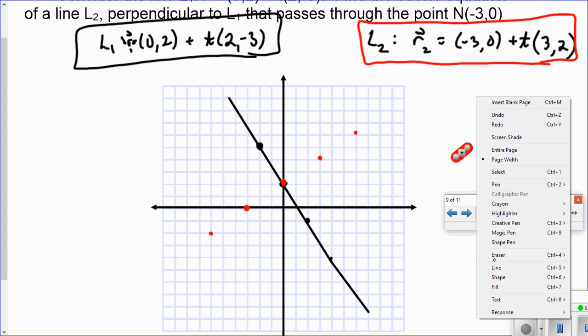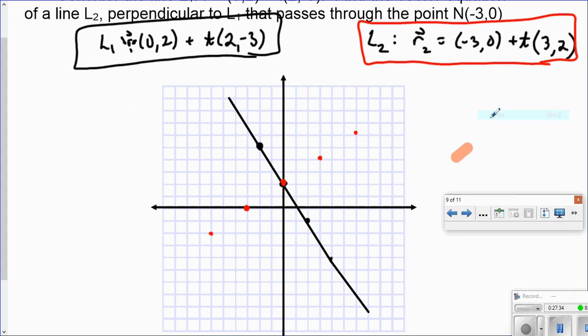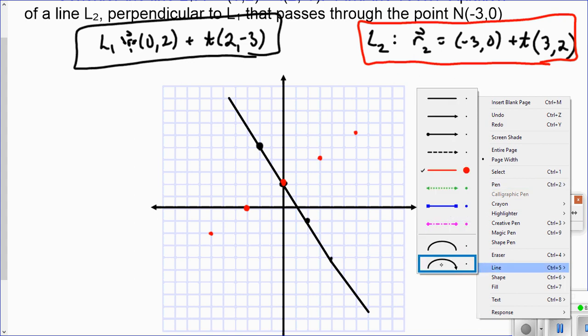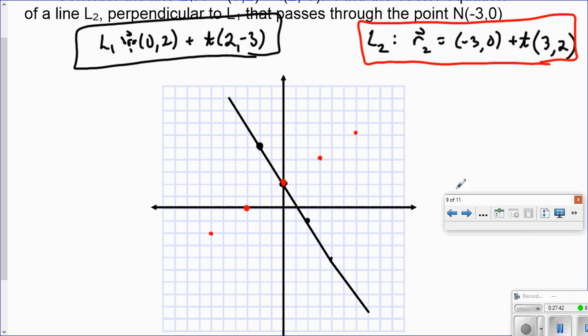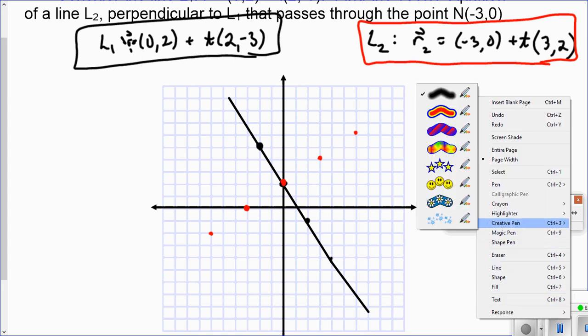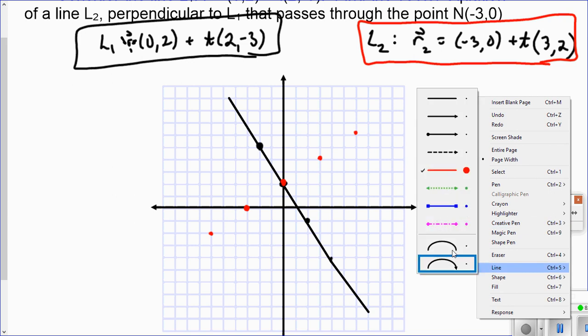I'll give it one more shot here. I need the properties of that line.